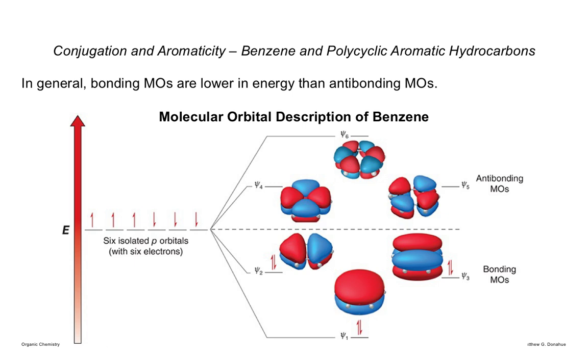So here are our 6 p orbitals. And we're just going to mathematically combine them into molecular orbitals. And the line that you see, that dotted line moving across, notice there's nothing on there.